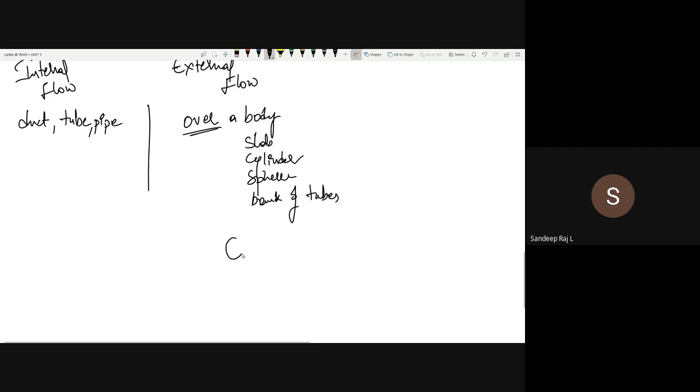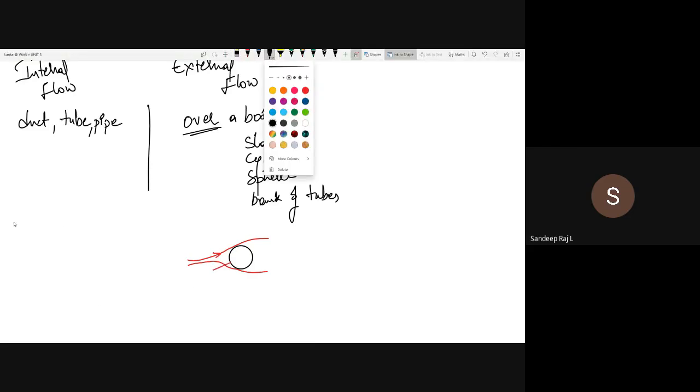Let us say here, this is a cylinder, and for the cylinder, a fluid is flowing like this. This we call an external flow. But when it comes to internal flows, you have a tube here, and in this tube, fluid is flowing inside.